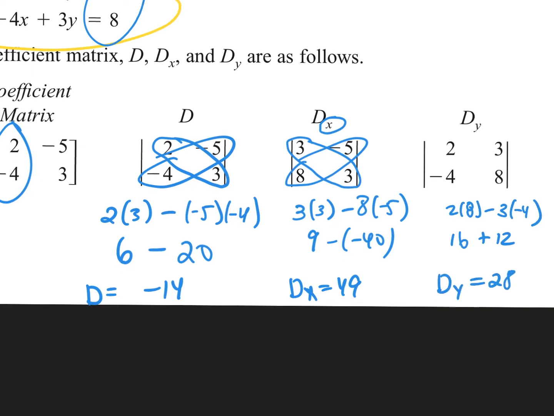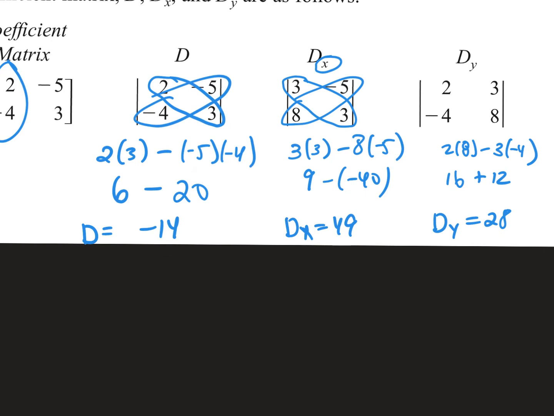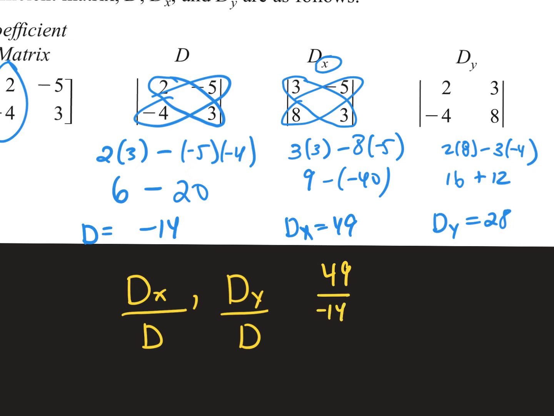So now you're like, okay, what good does that do? Well, this is how you find your answer. You take the determinant of each variable and divide it by the determinant of the coefficients. What was d sub x? So 49 divided by negative 14. And then d sub y was 28 divided by negative 14.